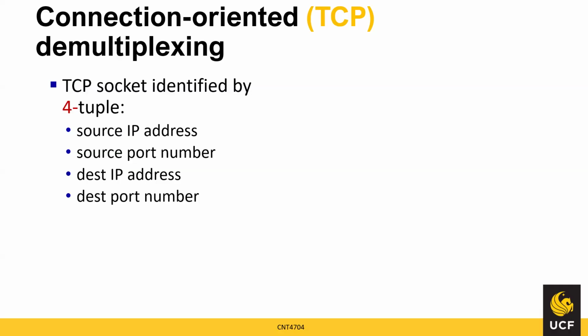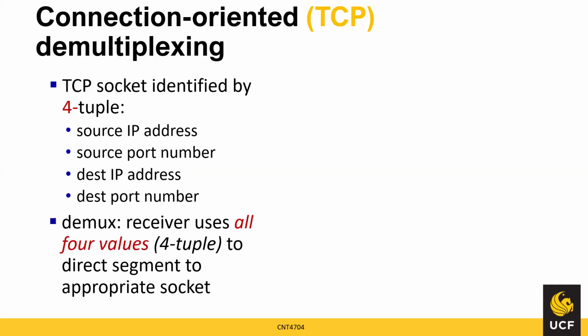So the 4-tuple is the source IP address with the port number, and the destination IP address with its port number. Demux is a short acronym for demultiplexing, and it would use all 4 values found in the tuple to deliver the segment to the correct socket. It's stricter, because UDP just relies on the destination port and does not use the IP address.